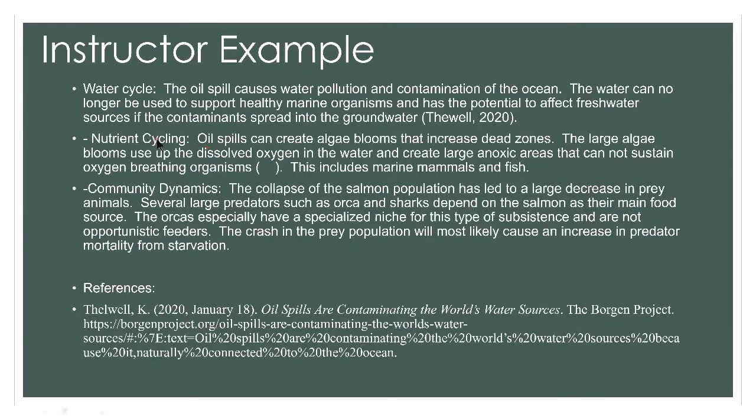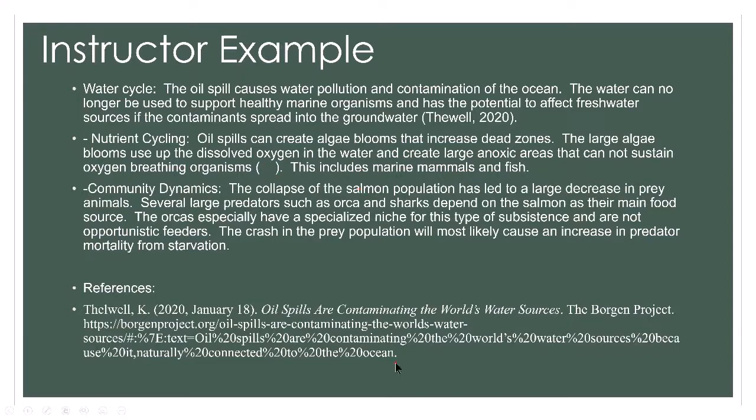So then nutrient cycling, I talk about how they can create algae blooms that increase dead zones. The large algae bloom uses up the dissolved oxygen in the water and can create large anoxic areas that cannot sustain oxygen breathing organisms. So that's a bold claim, so I need a citation there.